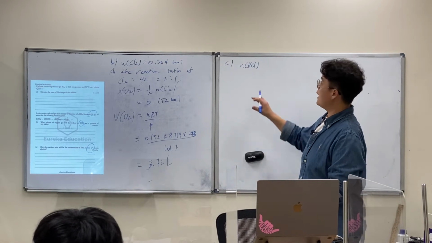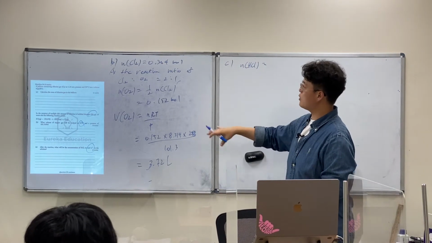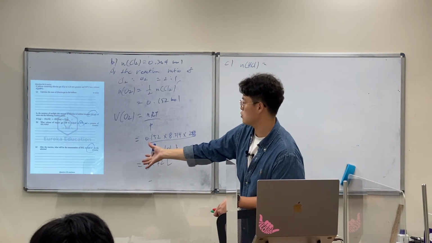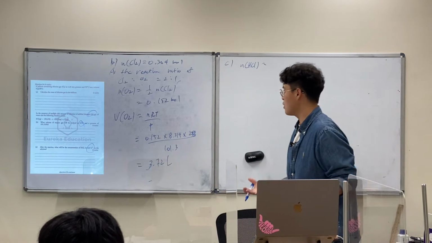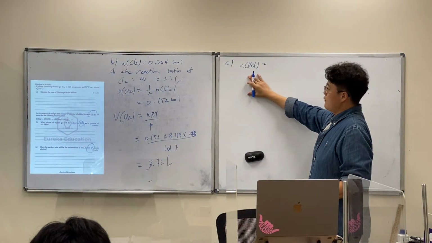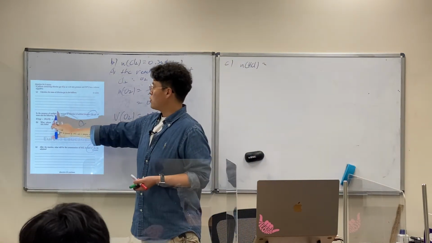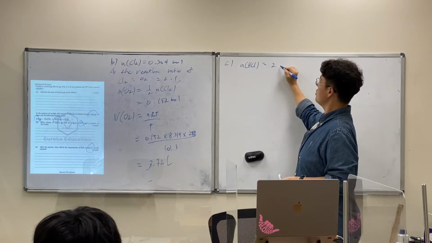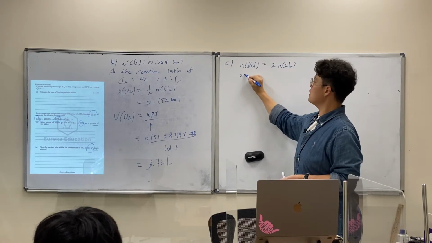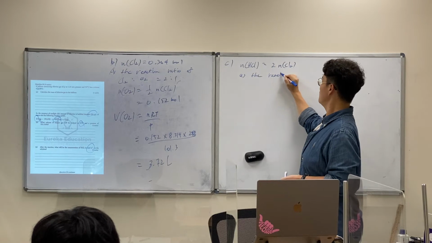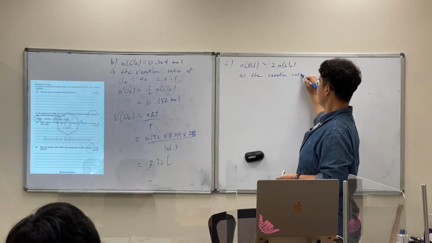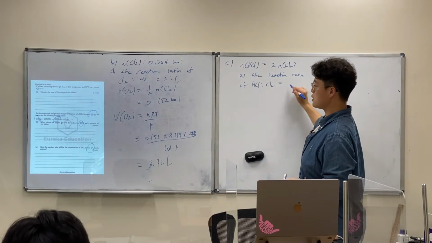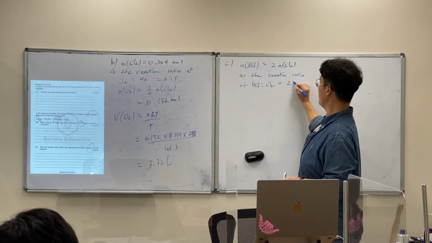Okay. NHCl. First of all, we have the number of moles, so question C is asking you about mole per liter in the solution. Okay, we're still doing this. Oh, just the total concentration. Sorry, I misread that. So first of all, using the reaction ratio from the CO2 to HCl, NHCl must be 2 times that, as the reaction ratio of HCl to Cl2 is 1 to 2 or 2 to 1.